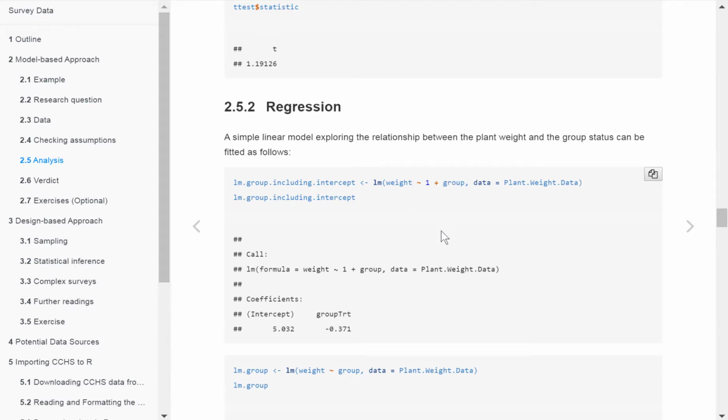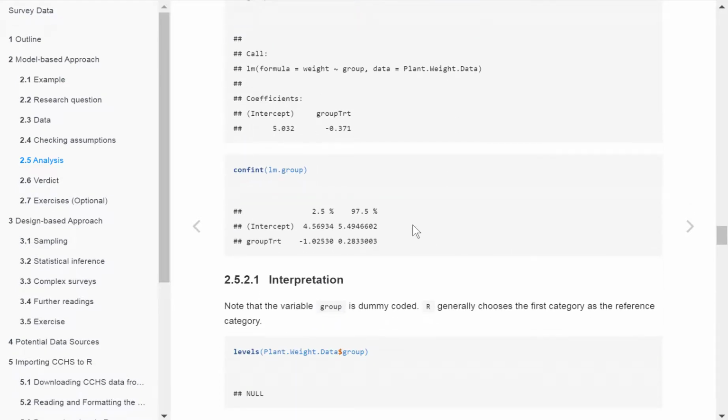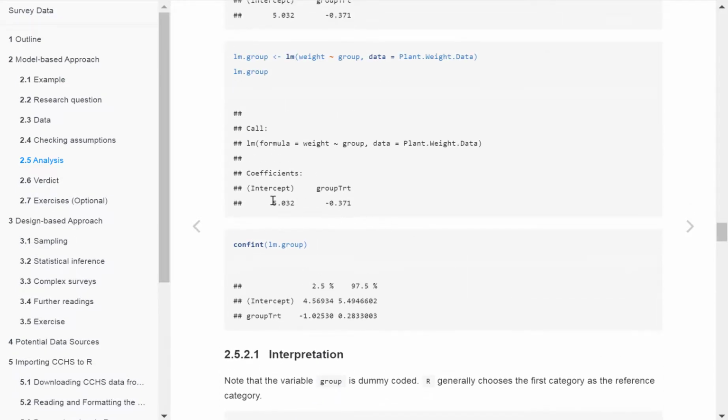If you set up your regression like that, then you are supposed to get some sort of intercept as well as the slope for the group effect. So for this, control is the reference, and you are getting the beta coefficient or the slope coefficient for the treatment group.